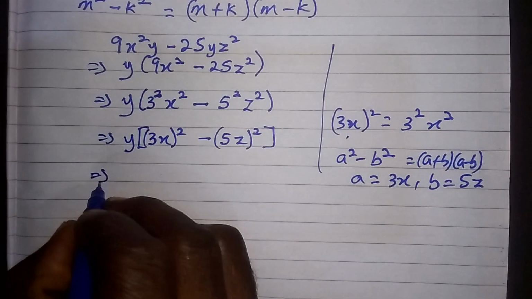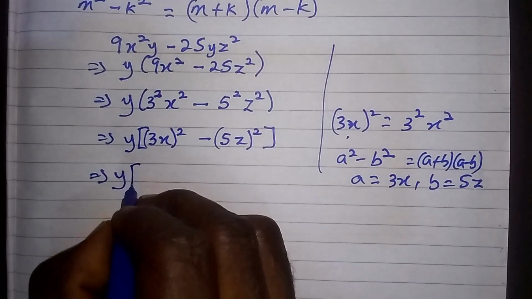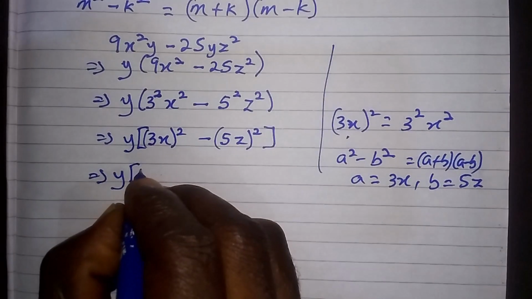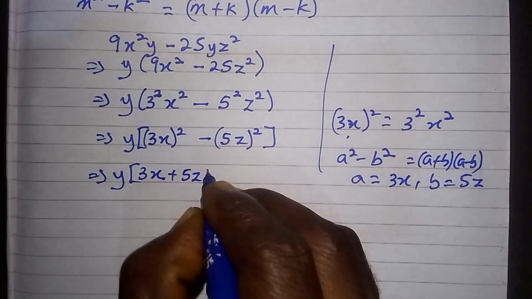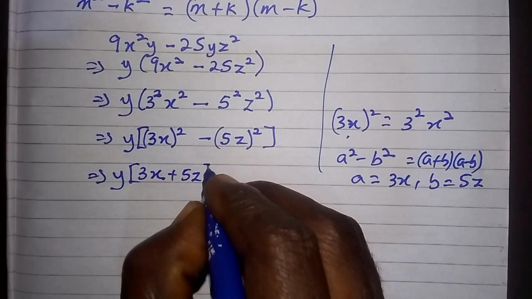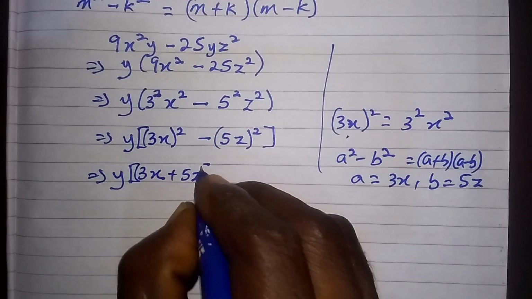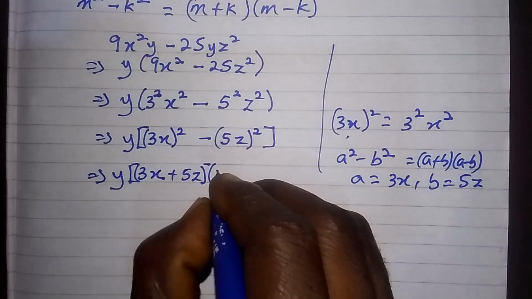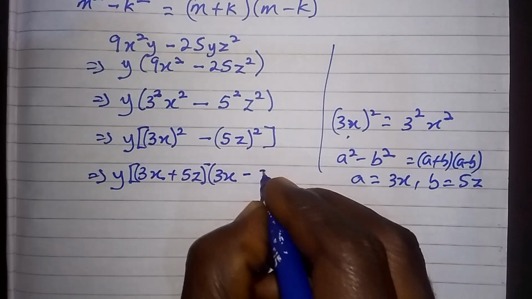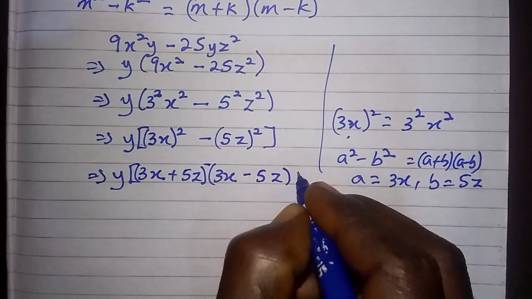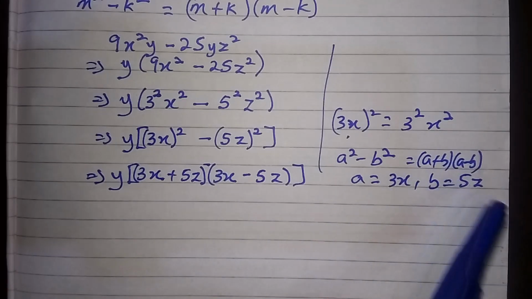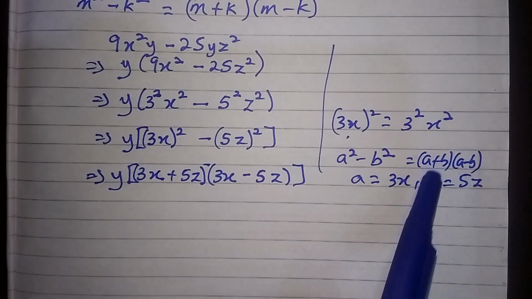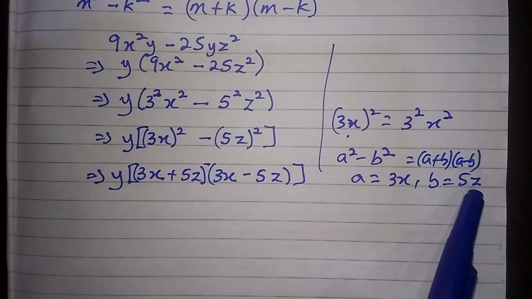Writing this in this form, I have y out. I have 3x plus 5z, that is one bracket. Then I have 3x minus 5z, that is another. So it's just taking the form over here. Like I said, a is 3x, b is 5z.